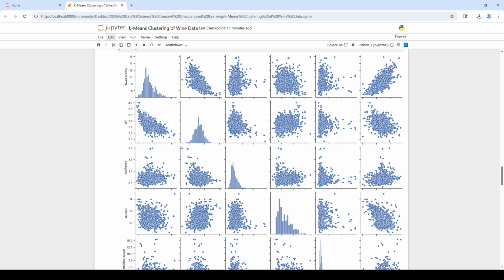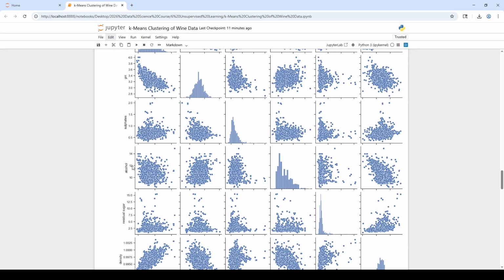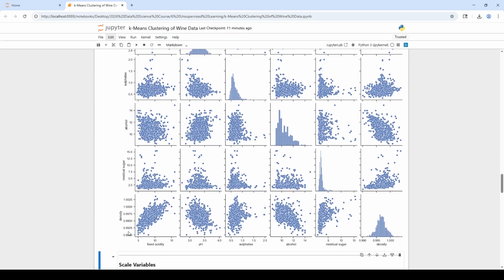Now, when you look at a data set like this, it does look like there's only one group of points, and you would be right. But if you examine the data a little bit more closely, you can see that they're associated with a very large pH range, a very large range of acidity, a fairly large range of sulfate content and alcohol content, as well as sugar content and densities.